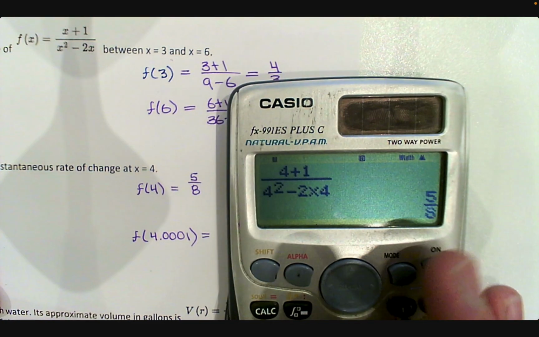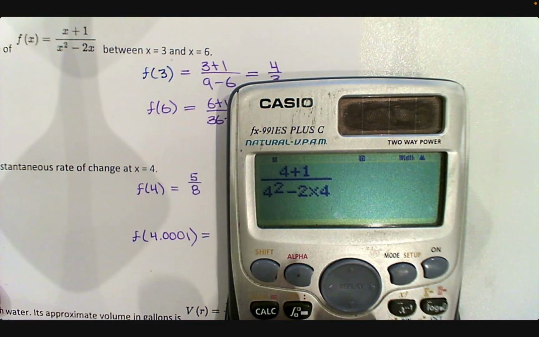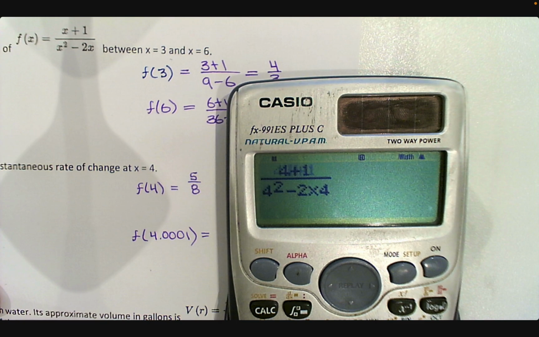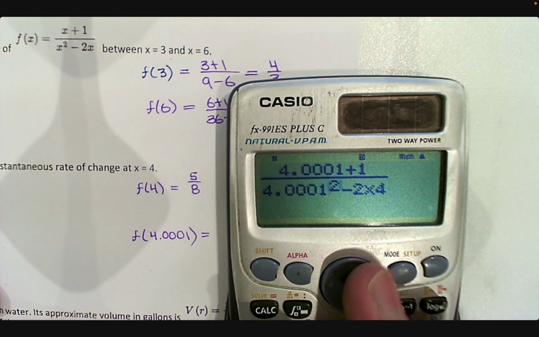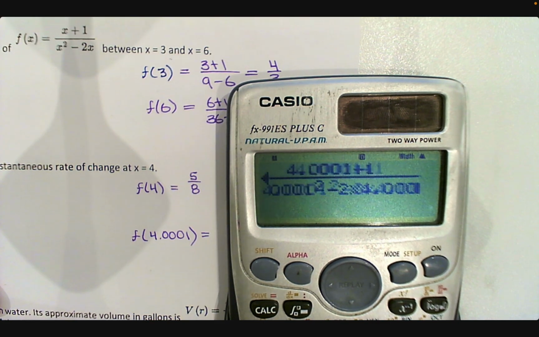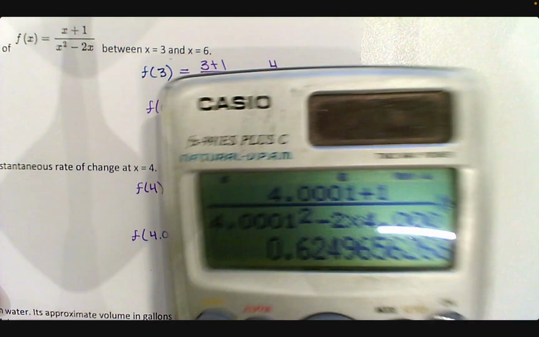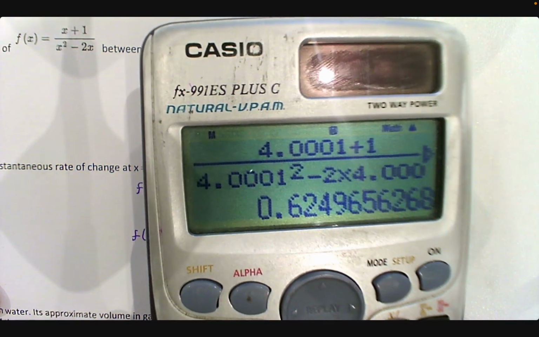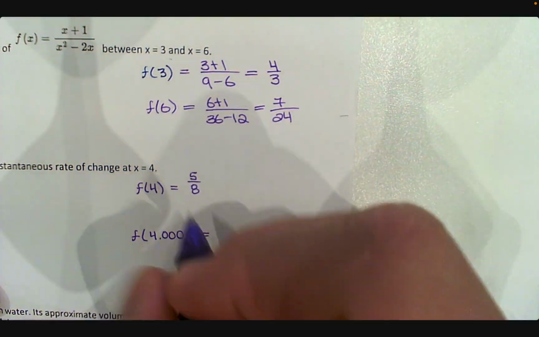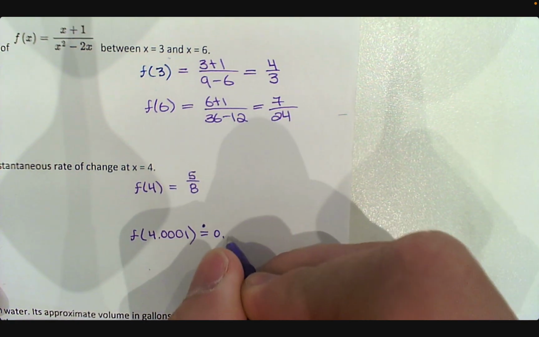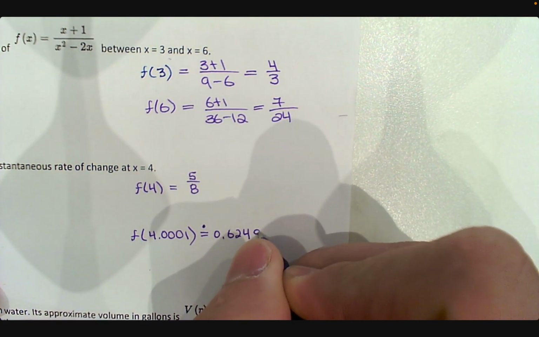And I'll repeat that process with 4.0001. And we get 0.6249. So we'll say approximately 0.6249.